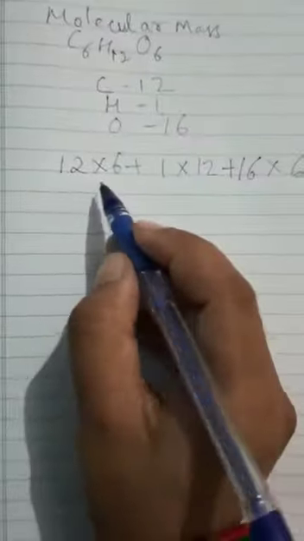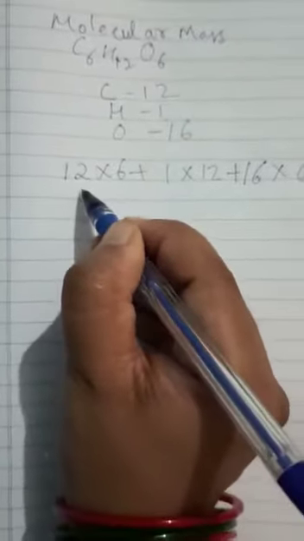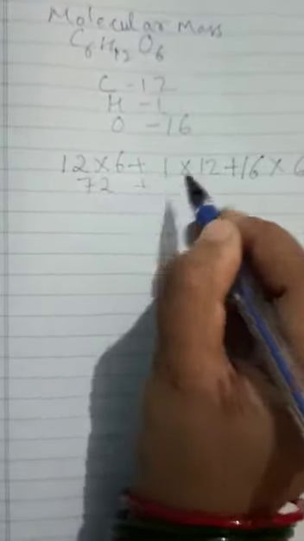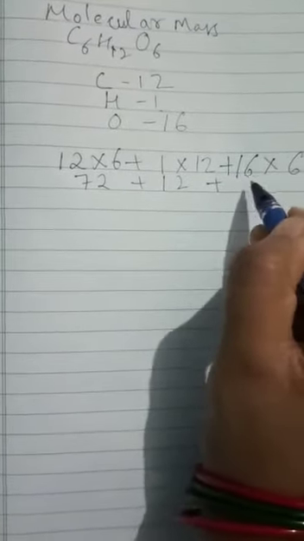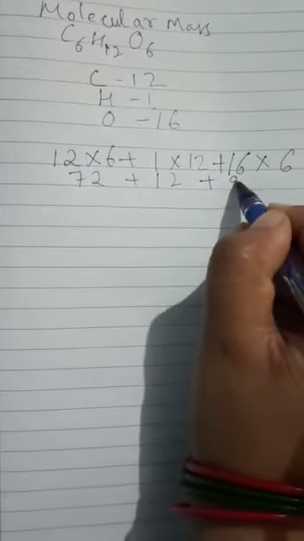Now here 12 into 6 is 72, plus 1 into 12 is 12, plus 16 into 6 is 96.